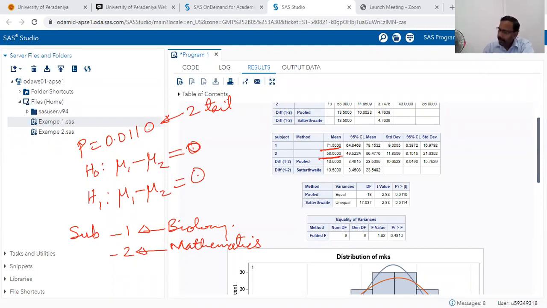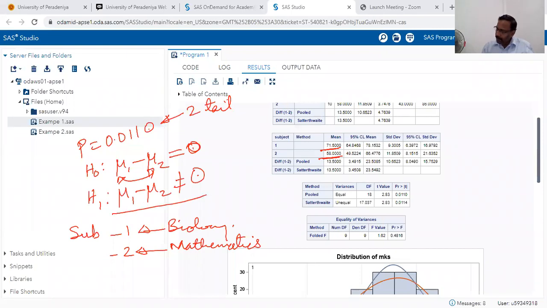That means no difference between the mean score of biology and mathematics. If this is not equal to 0, that means one of the subjects is having poor performance compared to the other, or one of the subjects is performing better than the other. We don't know which subject.